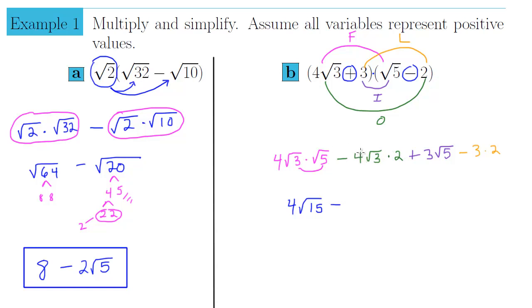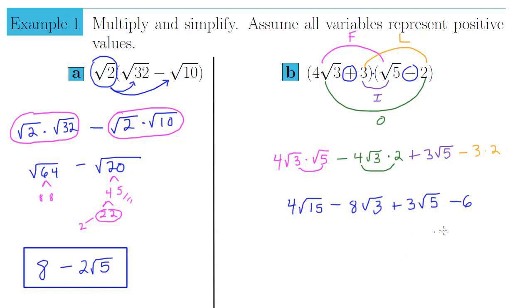Here we can multiply the coefficients, 4 and 2, to get 8 root 3. Plus, well, 3 root 5, there's nothing I can do with. There's nothing that can get multiplied any further. And then 3 times 2 is 6.